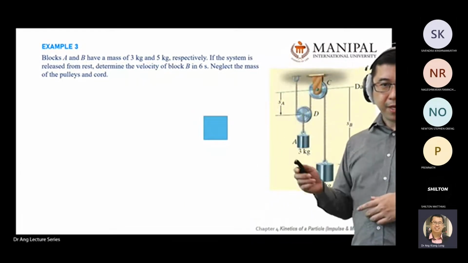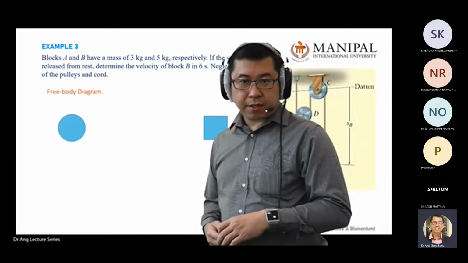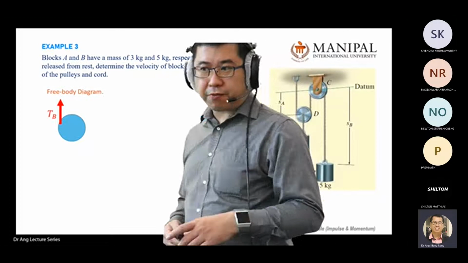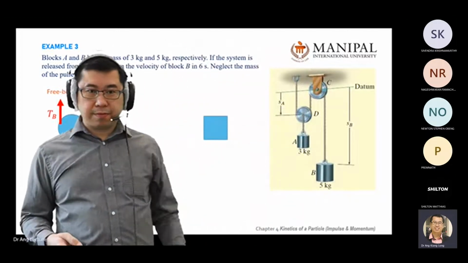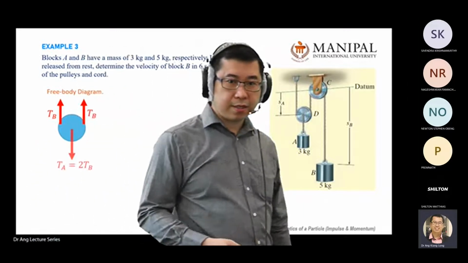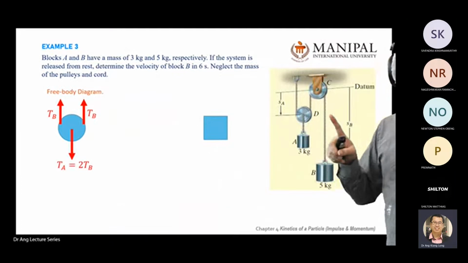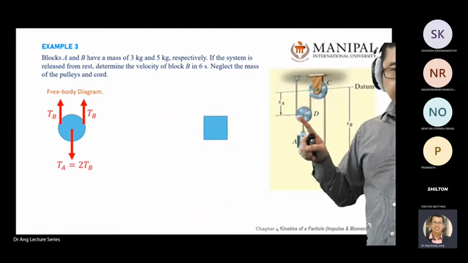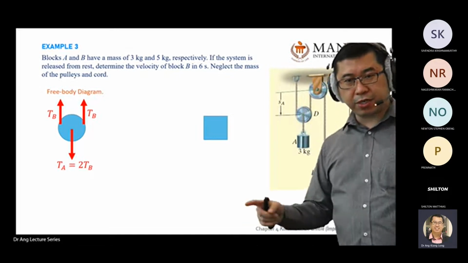Then you draw the free body diagram. You start with pulley D because you want to find the tension in the cable.